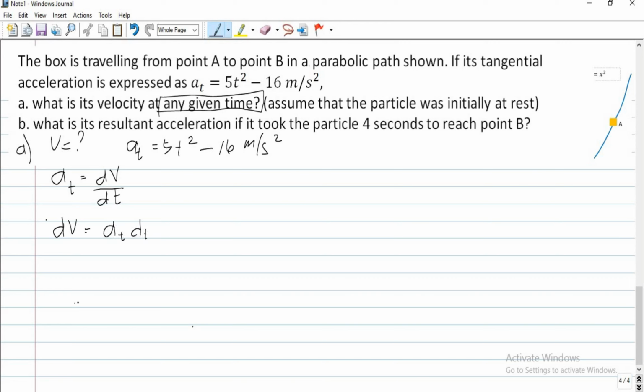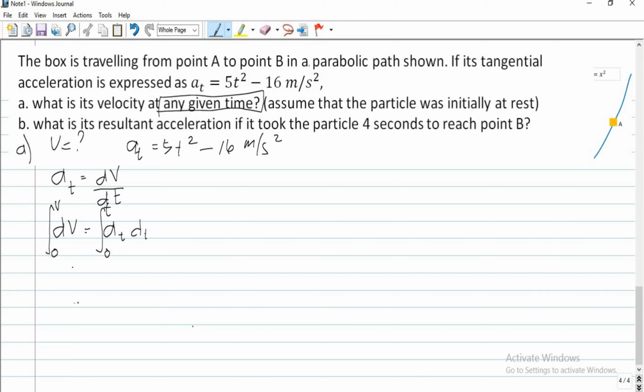Now, paano ko makukuha yung velocity? I'm going to take the integral of both sides. Initially, our lower limit is 0 to v. And our limit natin for time, since ang hinahanap is at any given time, our upper limit is t.